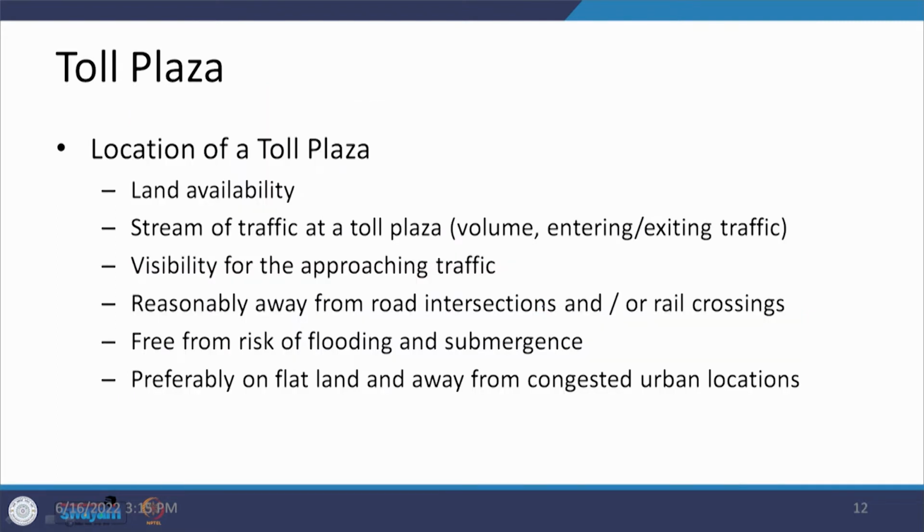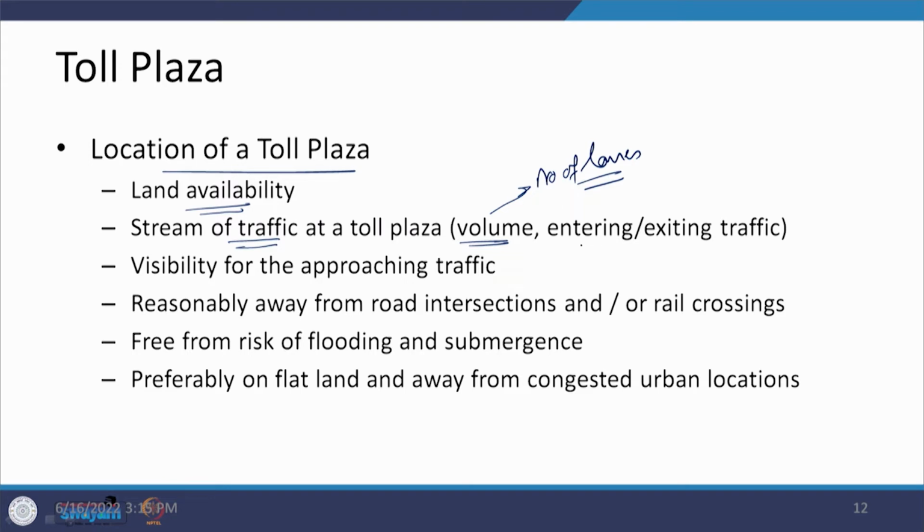So, when we say the location of a toll plaza needs to be looked at, this is going to be decided on the basis of the amount of land which is required and the availability of that land at a location. Then we also need to look at the traffic which is going to be there at that location of the toll plaza. It is in terms of the volume, and this volume is going to define the number of lanes we need to have for one direction.